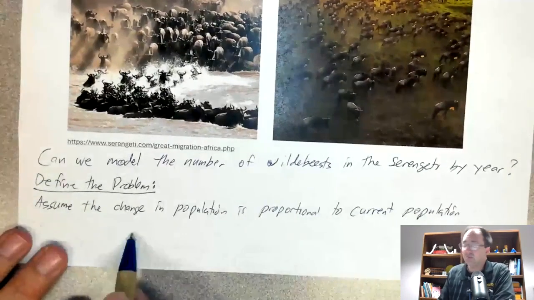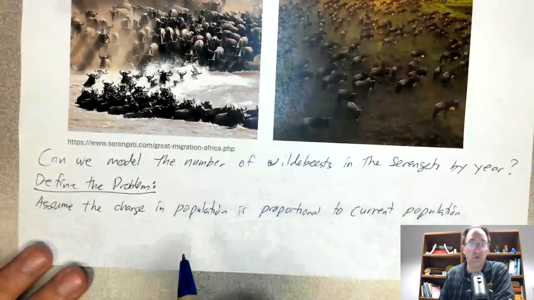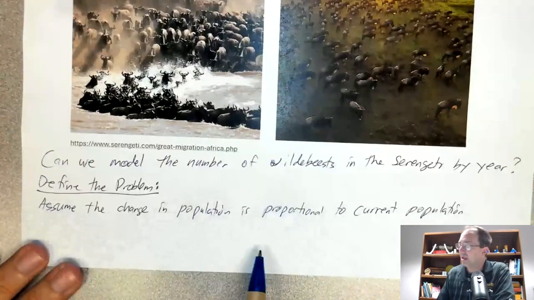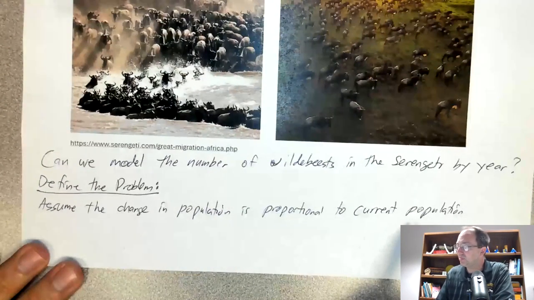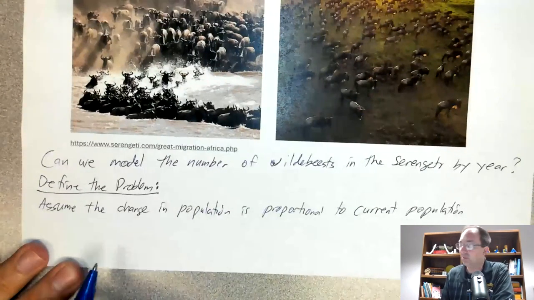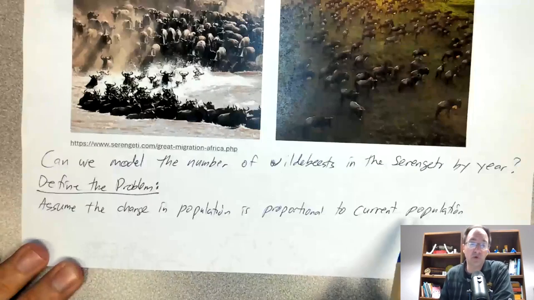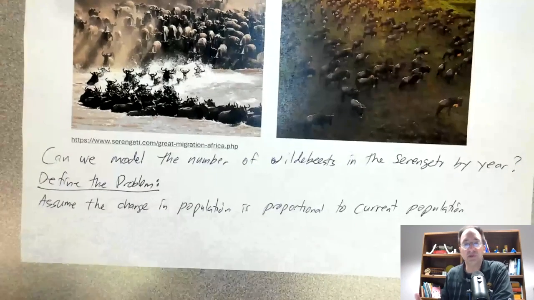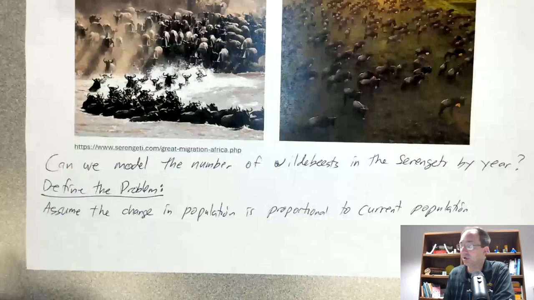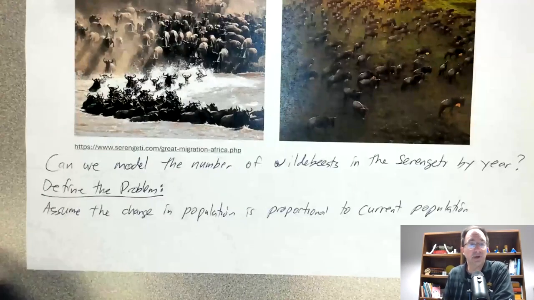Notice this works for any population. Hopefully it's true for wildebeest, that the more wildebeest we have, the more babies there are going to be, or the more deaths there are going to be. And if those numbers go down, then the change should go down as well. That seems like a reasonable assumption.